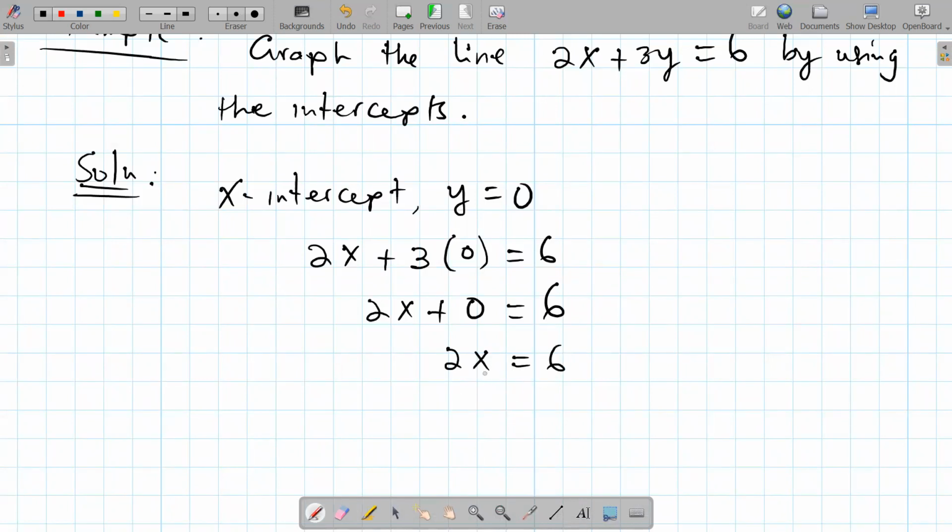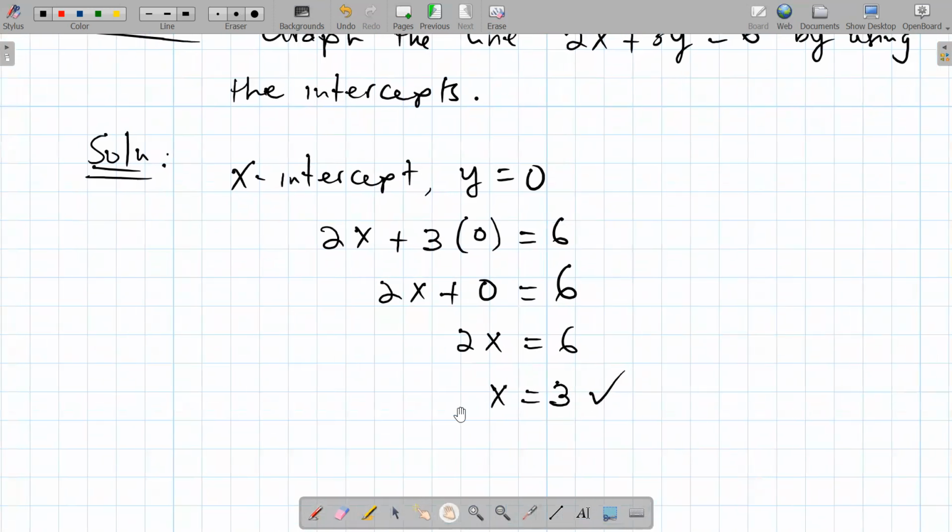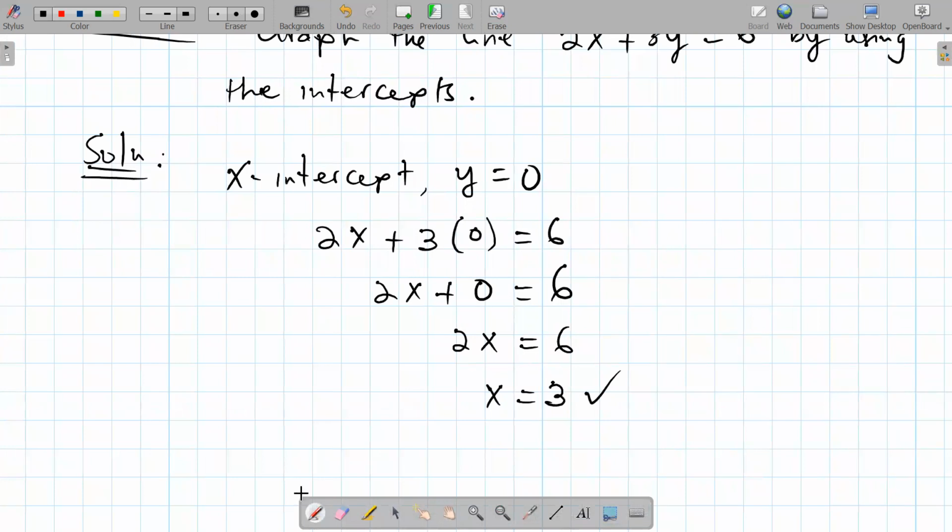To get our x value, we divide both sides by 2. So x is going to be 3. So the x-intercept is 3, 0.